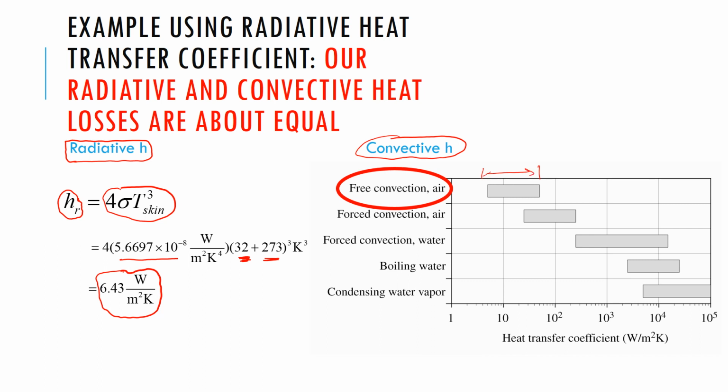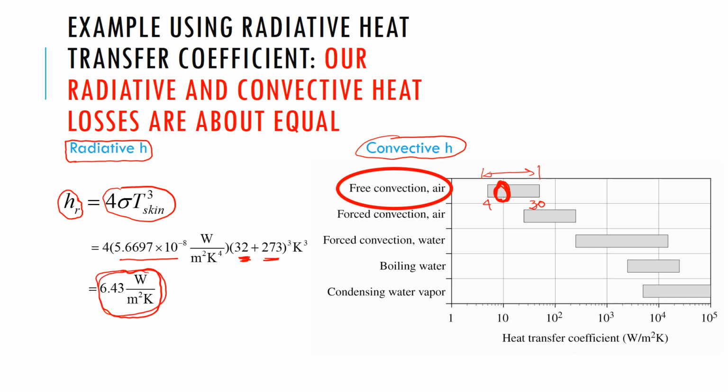Free convection is typically in this range of 3 or 4 maybe to 30, something like that. So when you do not have much airflow, then you'd probably be on the lower side, which means it's 6, 7, 8, something like that. So that's very comparable to the radiative heat transfer coefficient.